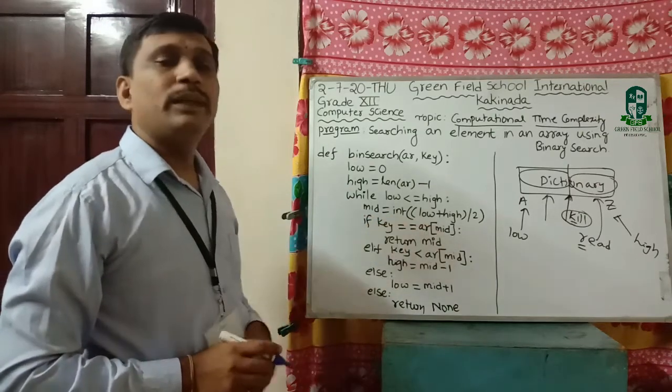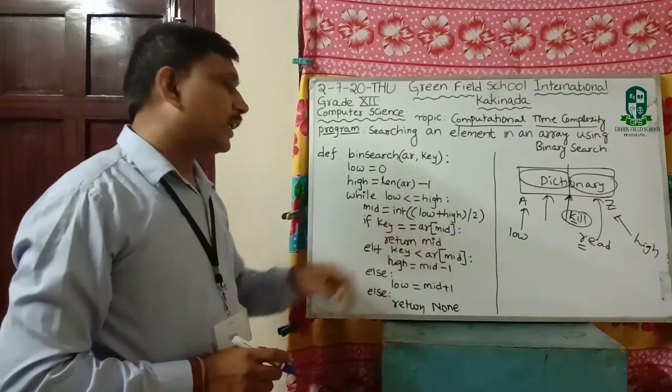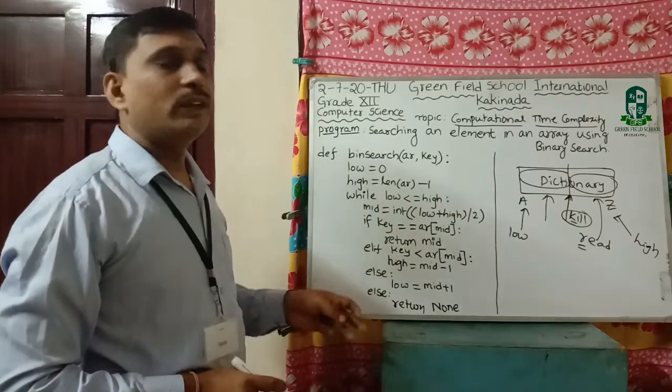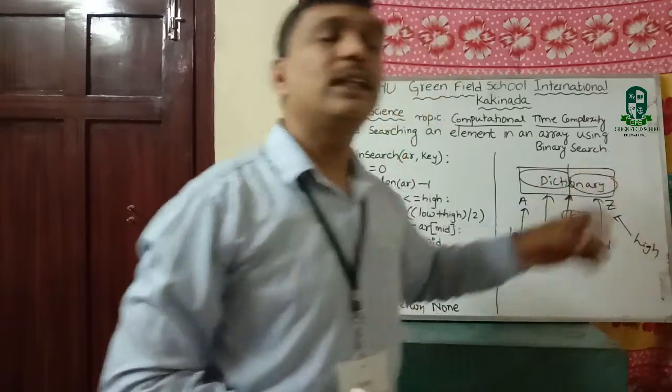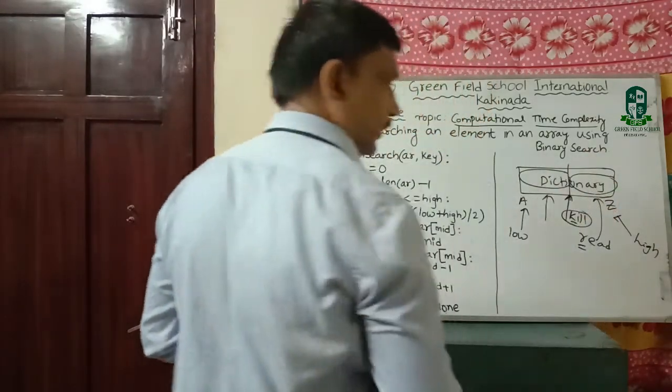Based on the mid element position, we compare the key element with AR of mid. Suppose if it is less than or greater than, then we decide whether the search process continues in this segment or in this segment.